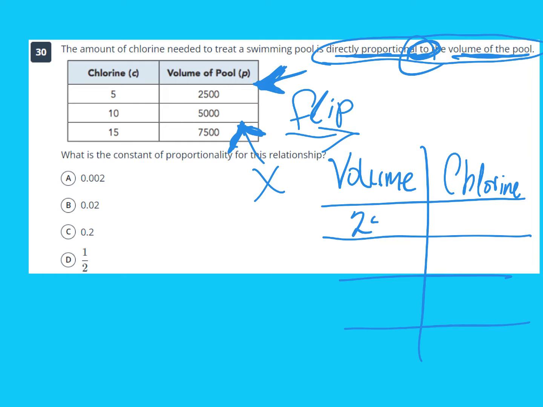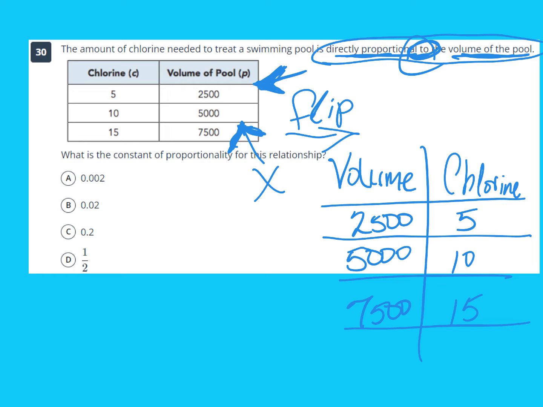So I'm going to have 2,500 to 5, 5,000 to 10, and 7,500 to 15.